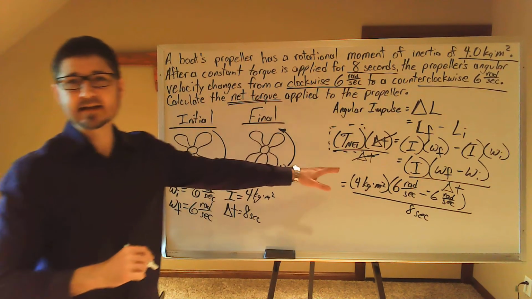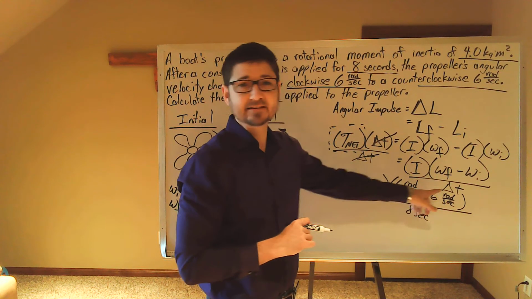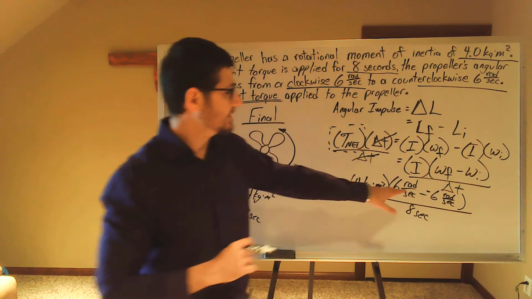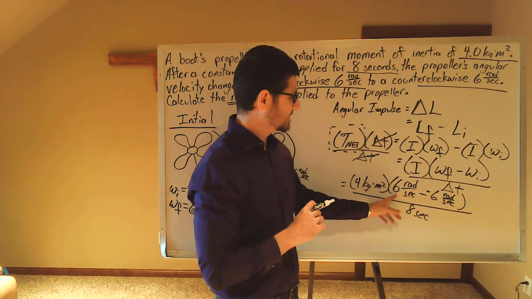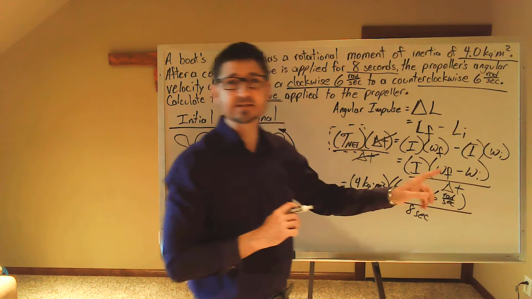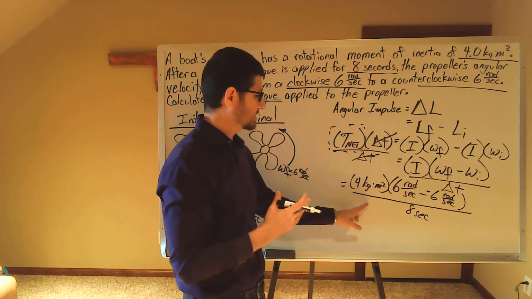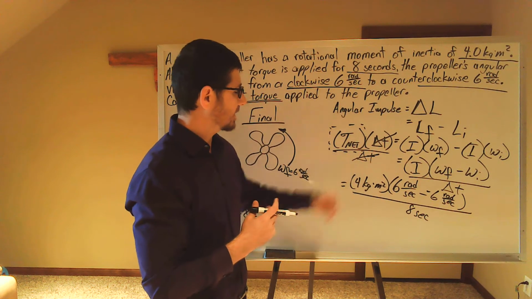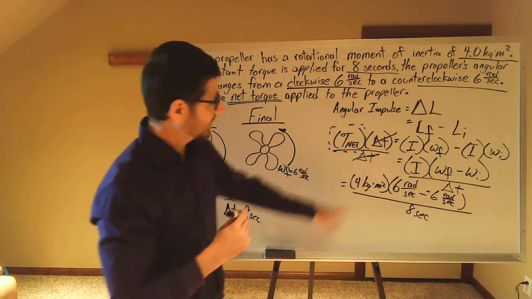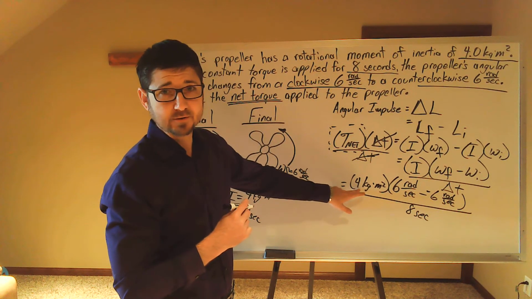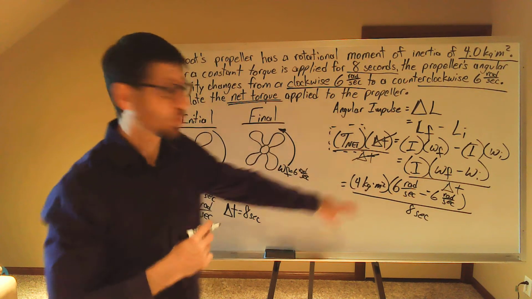Now let's go ahead and take care of the numerator first. So 6 minus a negative 6, we have two negatives here, so that's going to turn into a plus sign. So 6 radians per second plus 6 radians per second is going to be 12 radians per second. And we're going to multiply this by the 4 kilogram meters squared. This is the moment of inertia for the boat propeller. So 12 times 4 is 48.